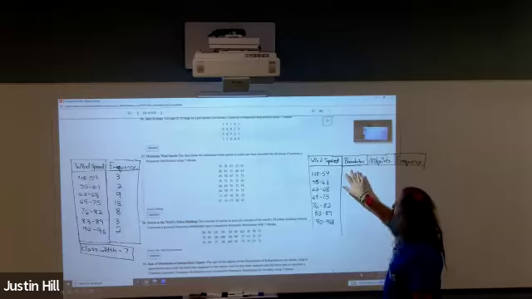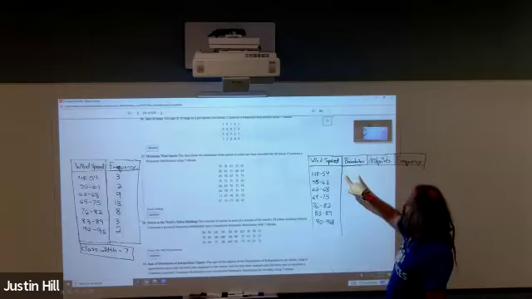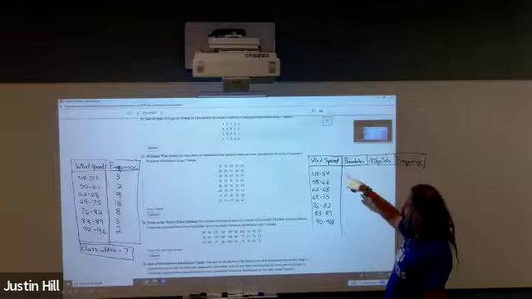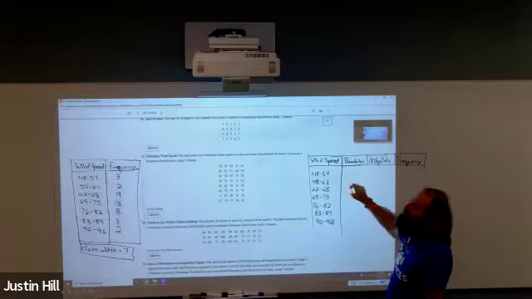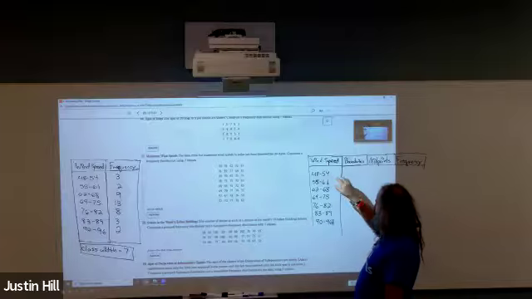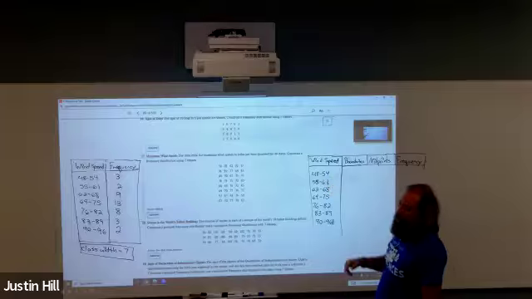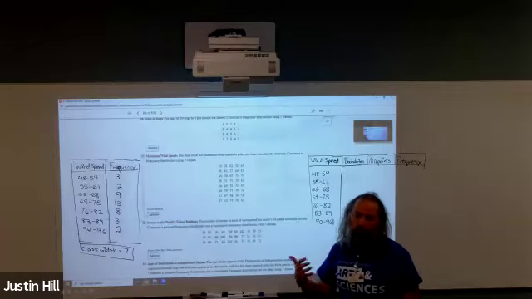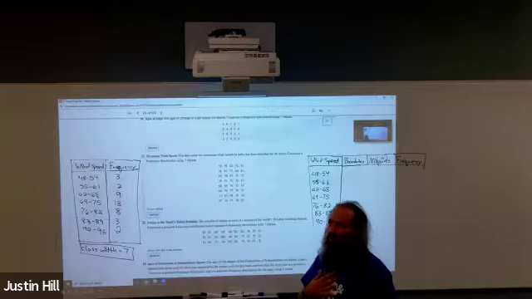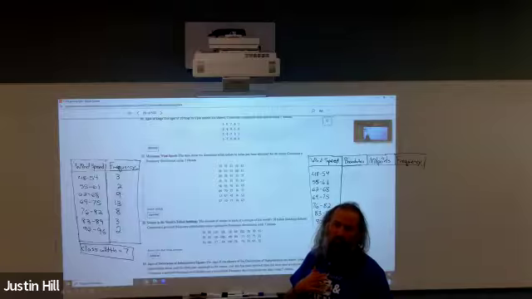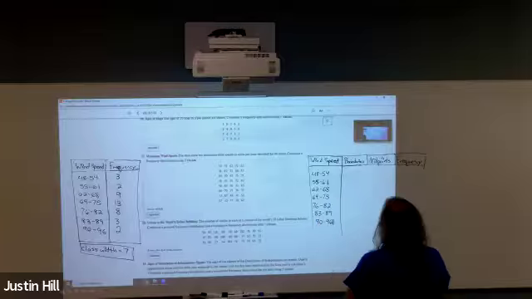So the class boundaries are basically just about being explicit. If the data you're given is one decimal place longer than what you have here, it shows you the rounding that you kind of already know, but that you should do to figure out which class these numbers go in.